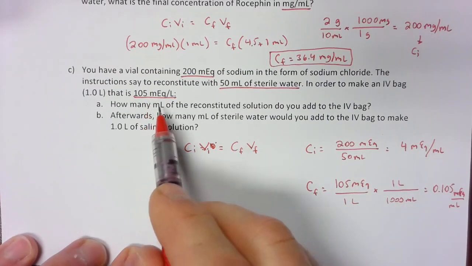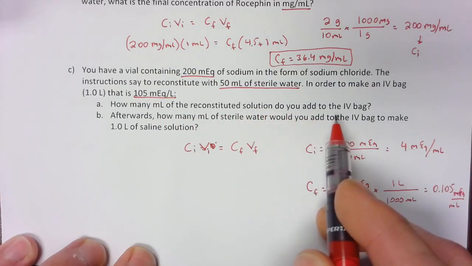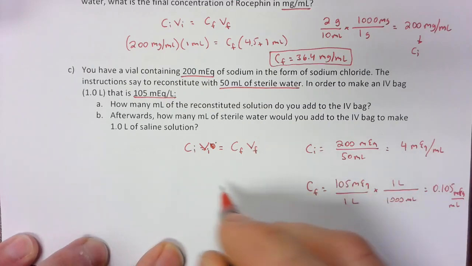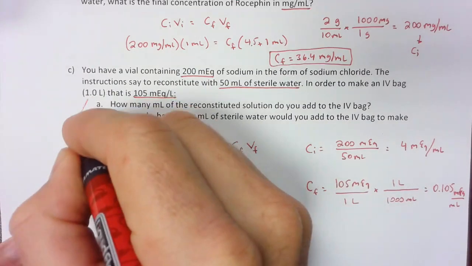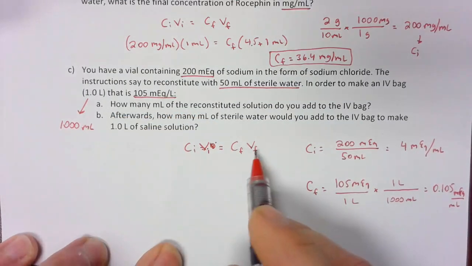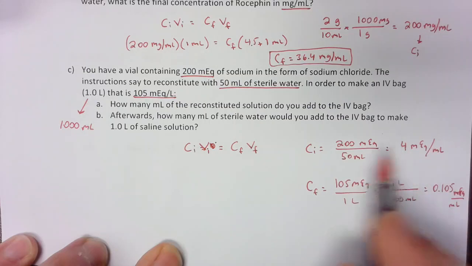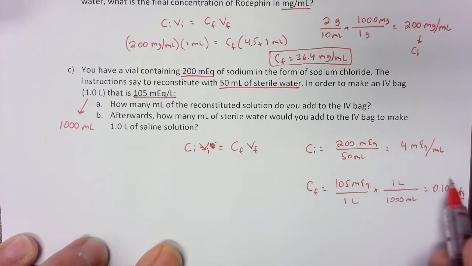Question is, how many milliliters of the reconstituted solution do you add to the IV bag? The final volume of the IV bag is 1,000 milliliters. How much of the initial concentrated solution are we going to add in order to bring the concentration of the final up to this?